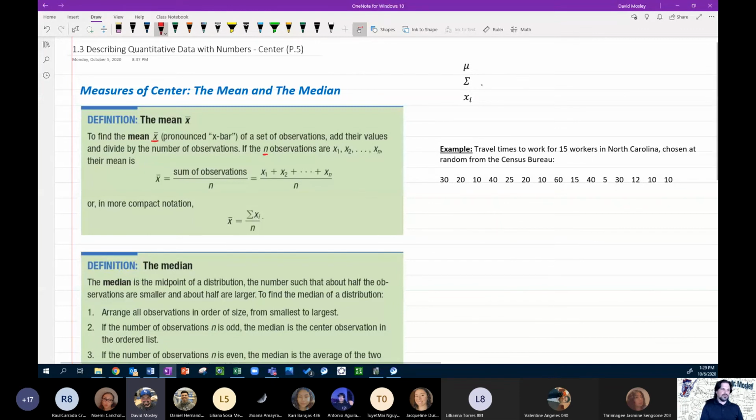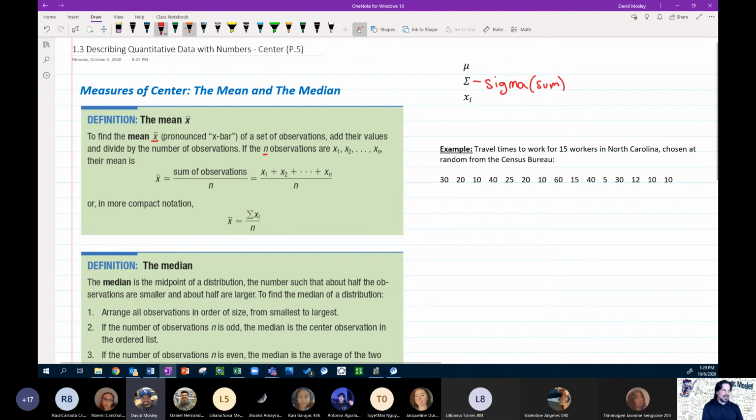So if we look up here in the corner, I have some symbols. This is sigma. Whenever you see sigma next to a variable, that means sum. Add them all up. That's what this symbol means. It says add up everything that this is next to.